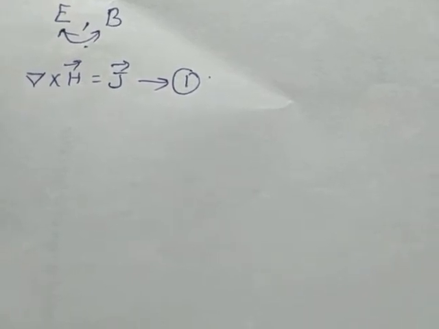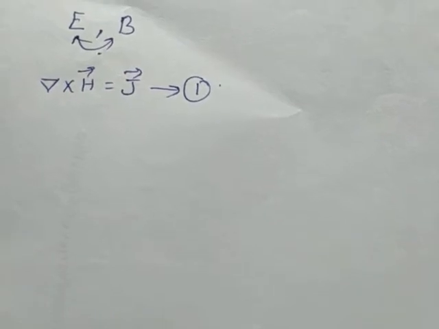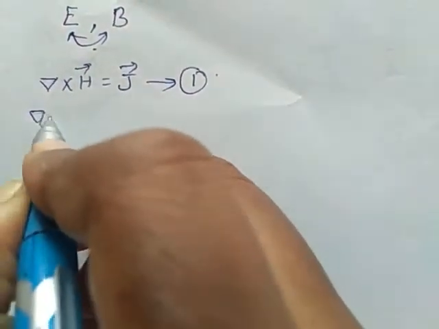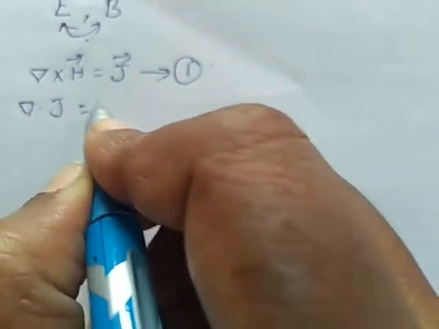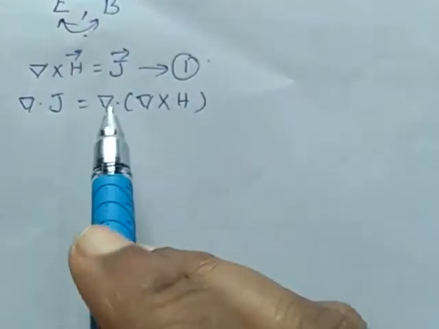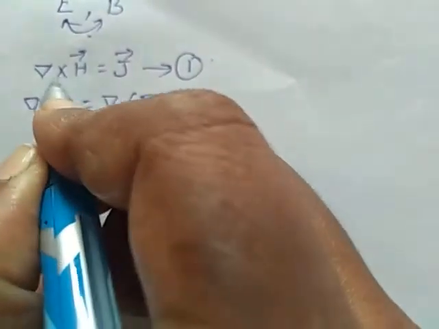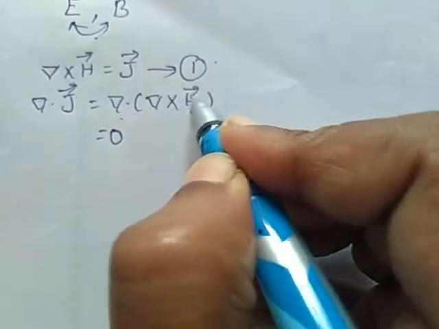Here H is the magnetic field intensity and J is the current density. When we take divergence on both sides, what will happen? Del dot J is equal to del dot curl of H. We know that divergence of curl of a function is 0. Therefore, del dot J has become 0.